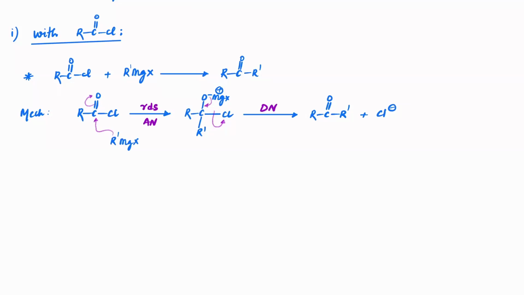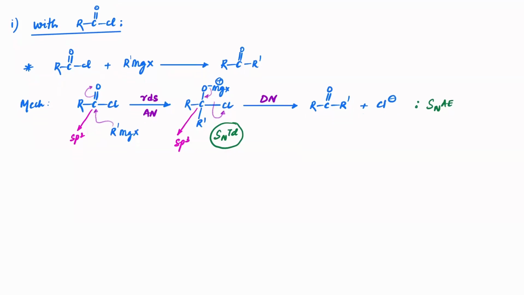Okay. And you can see here when the nucleophile is added, it is added on an sp2 carbon, and the intermediate which has developed is sp3 carbon. Hence, it is also called as tetrahedral intermediate formation. And the overall reaction is also called SNAE, addition and elimination form of nucleophilic reaction.